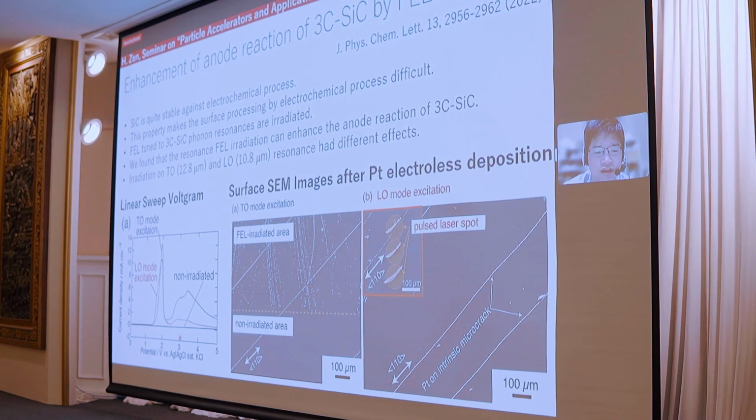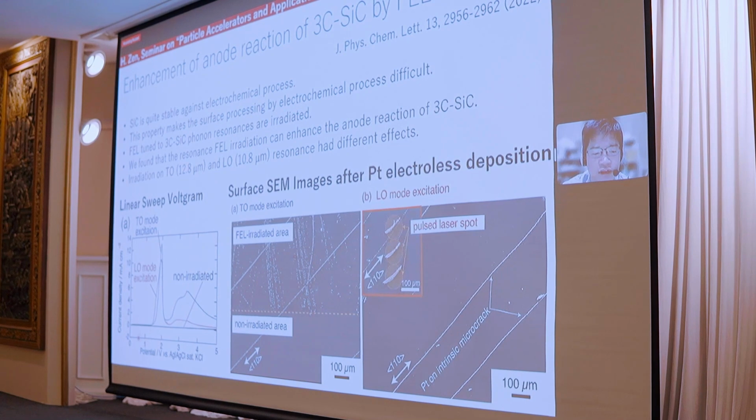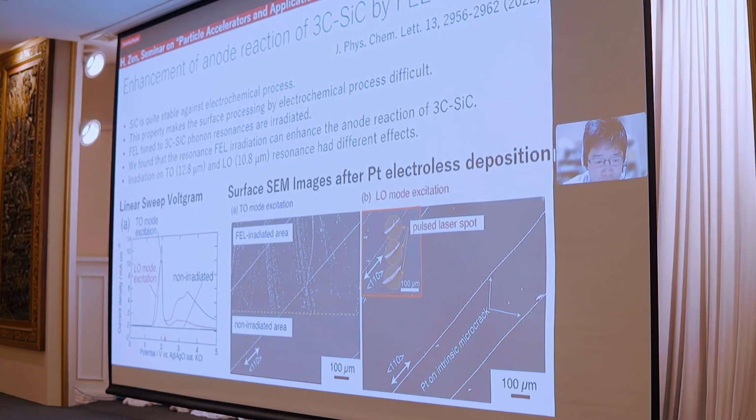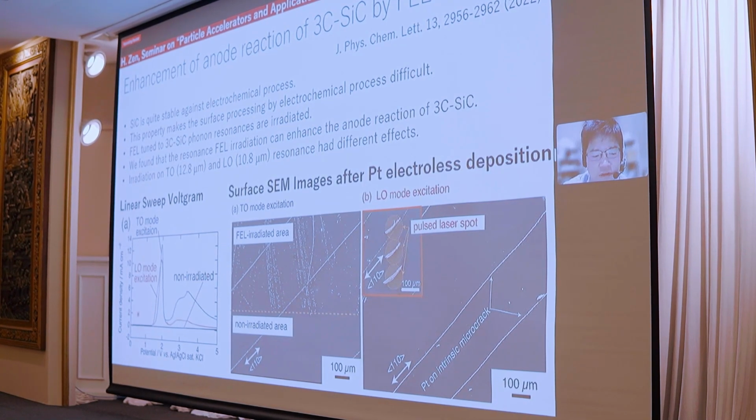This is a result of the linear sweep voltammogram. They put the SiC sample inside the electrochemical system and swept the applied potential or voltage and measured the current flowing. Without irradiation of the FL, nothing happened.